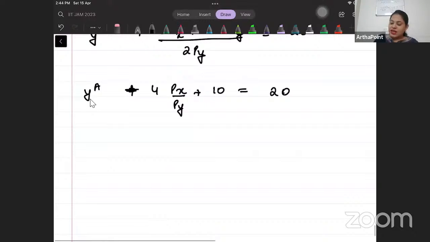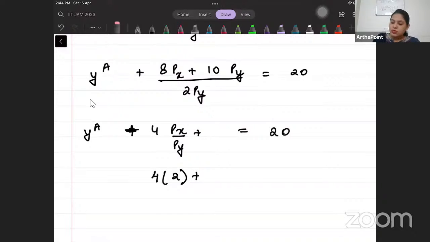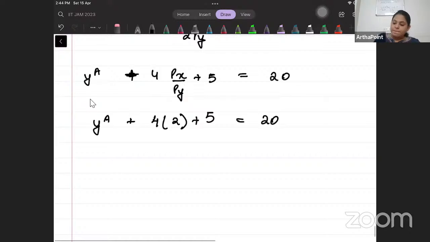So I will get 4 into 2 plus 5, plus YB is equal to 20. So YB plus 13 is equal to 20.